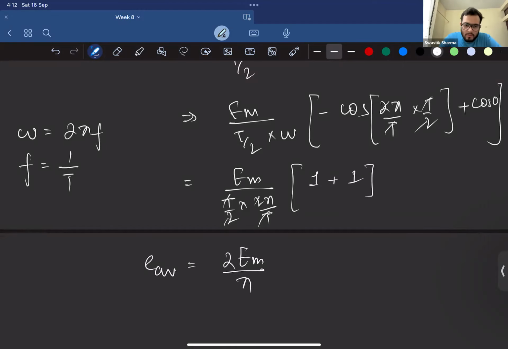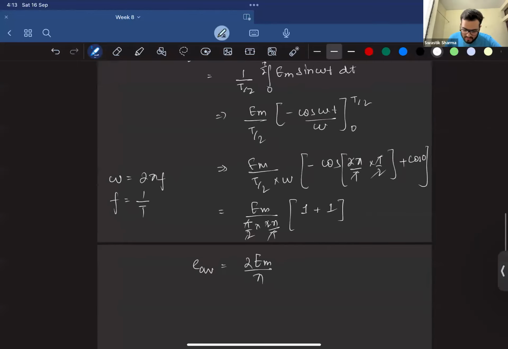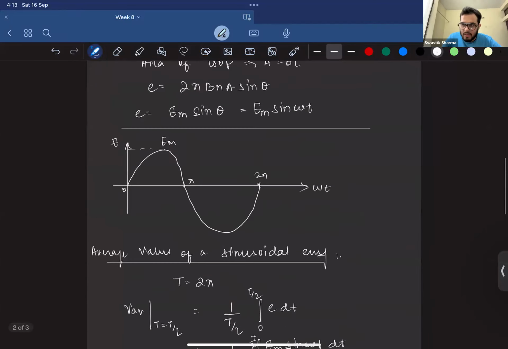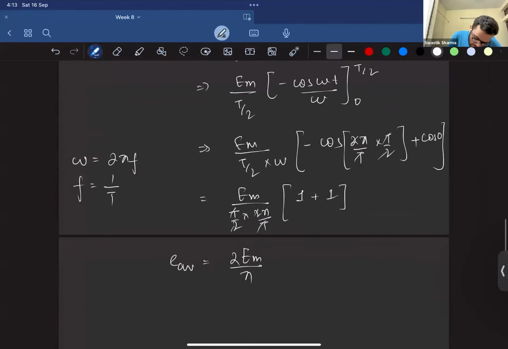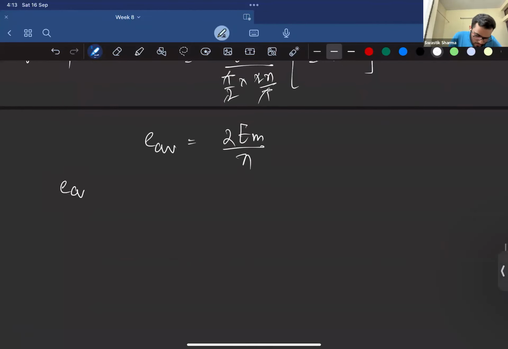So that's how we can represent our half cycle average value, because the average value of a sinusoidal waveform over the full cycle is anyway going to be 0, since the positive half cycle and the negative half cycle are equal in nature. So E average is nothing but 0.6366, right? So 0.6367 times Em.